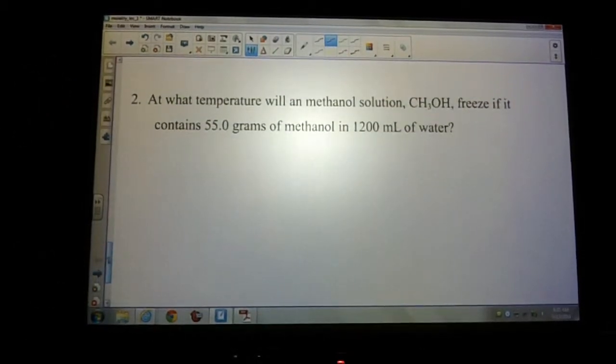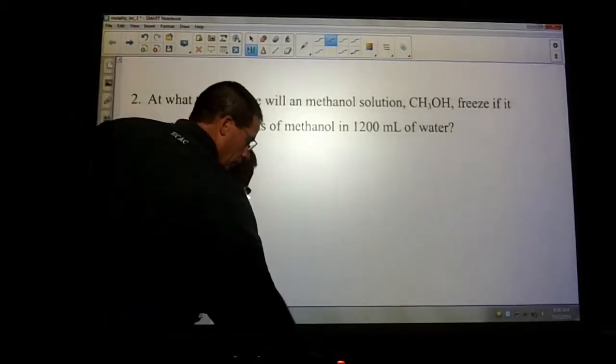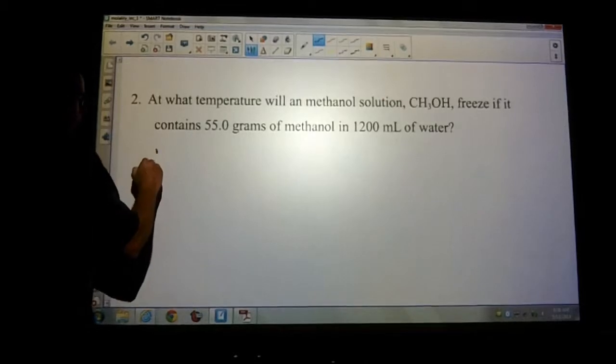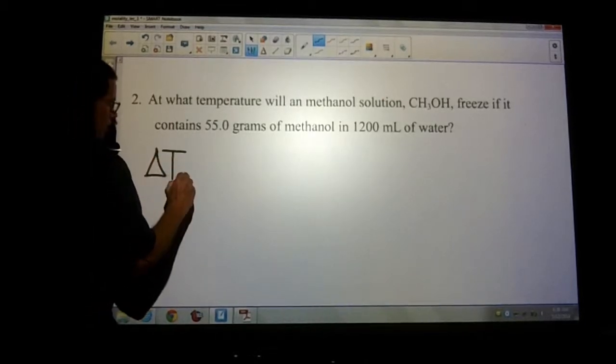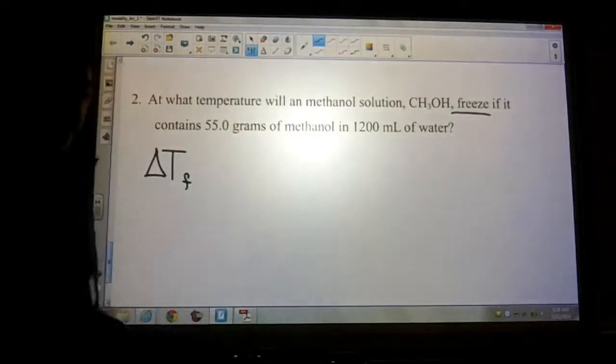Number 2, at what temperature will a methanol solution in methanol CH3OH freeze if it contains 55 grams of methanol in 1200 milliliters of water? So the only difference here is the equation that we're using. We're not using the delta T sub B, but we're using the delta T sub F because it says freeze. So you have to pick up on that.